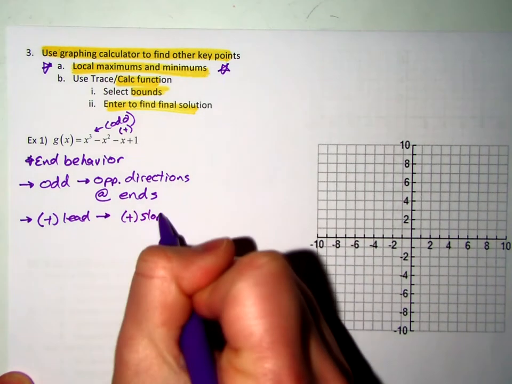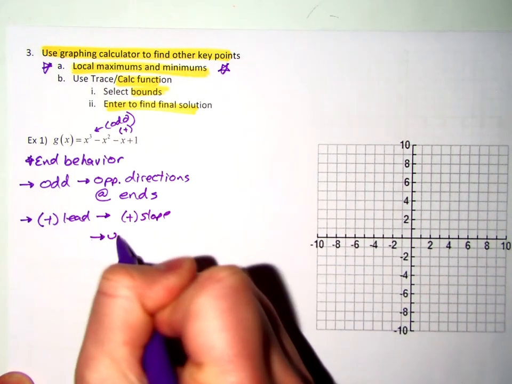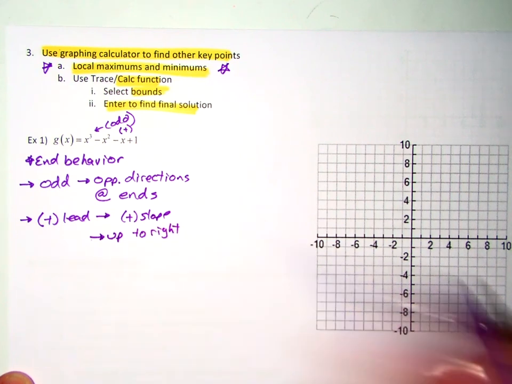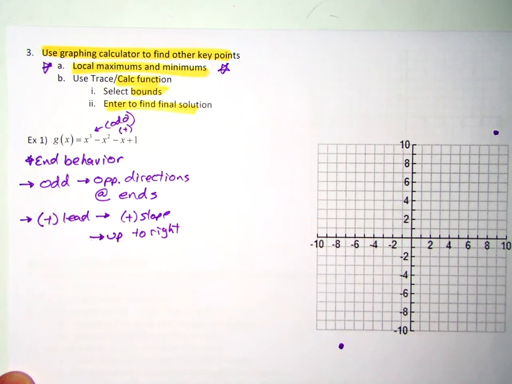In other words, it will go up as you go to the right. So that tells me over here that I'll be starting somewhere down here and ending somewhere up here.